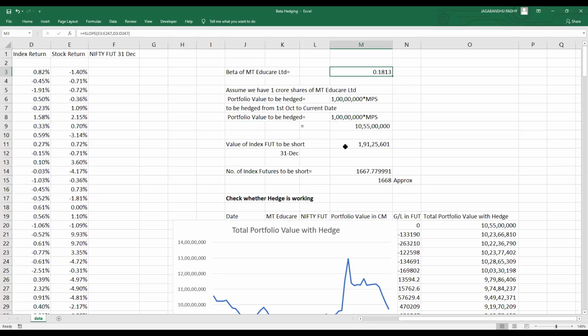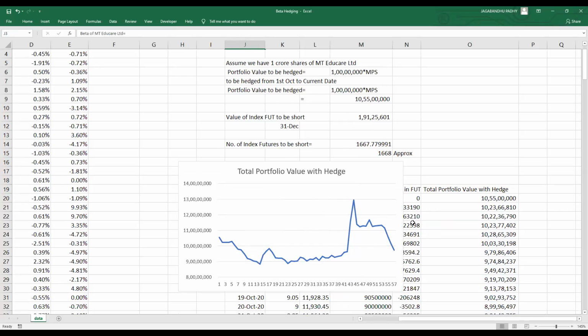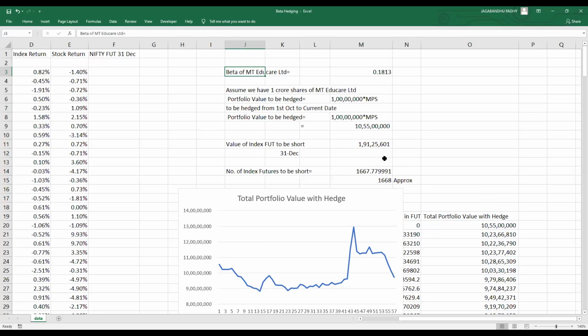Because if the portfolio hedging is not working, it is very possible that the beta we have, 0.1813, may actually be 0 for the stock. Check for its statistical significance.